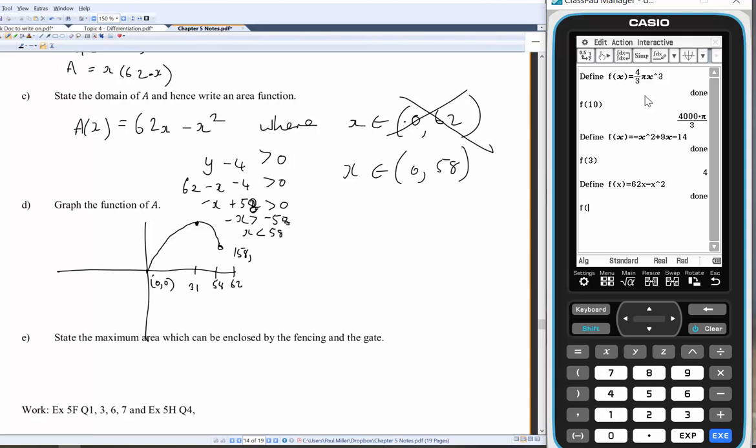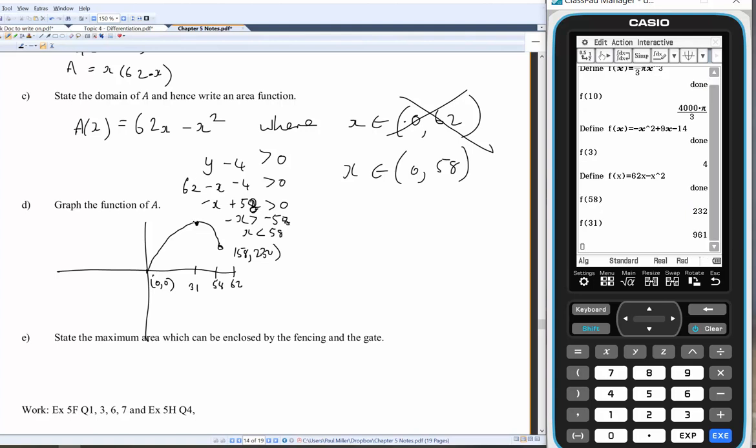So we're going to do f of 58, 232. Let's get the turning point. The turning point is going to be at 31. So I'm going to do f of 31. 961, excuse the scale, it's way off. 31, 961. Okay, so this is area versus values of x.